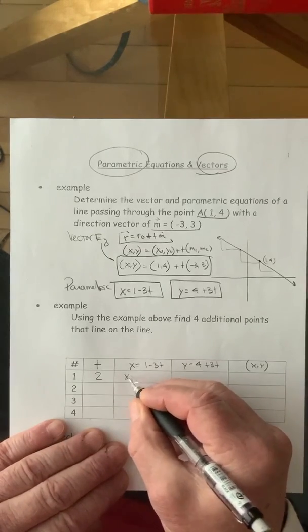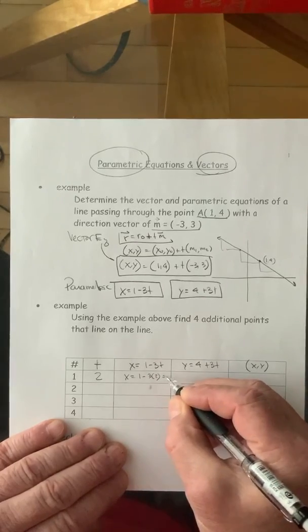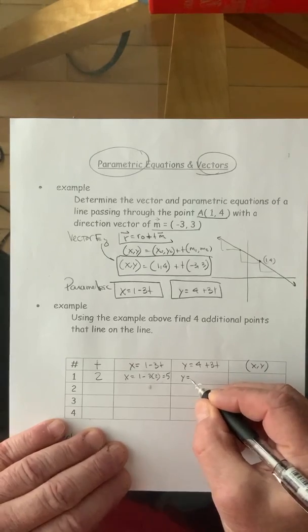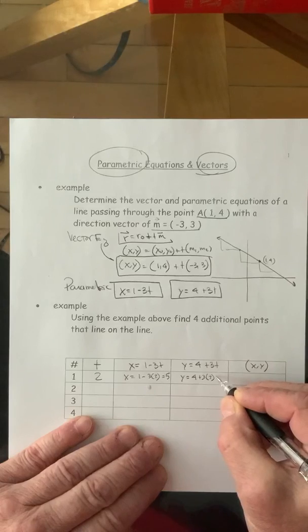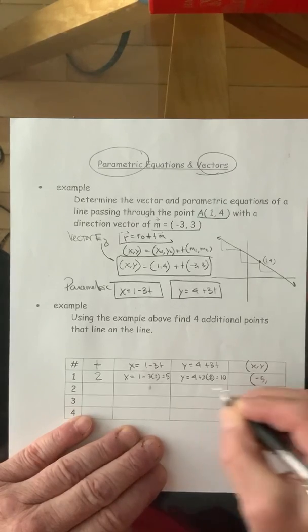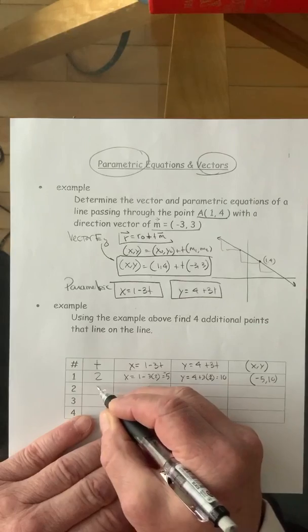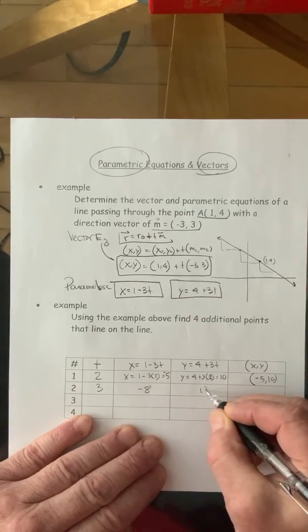So I would get x equals 1 minus 3 times 2, -5, that was a negative, I'm sorry. I would get y equals 4 plus 3 times 2, 10. If I picked 3, I would get -8, 13.